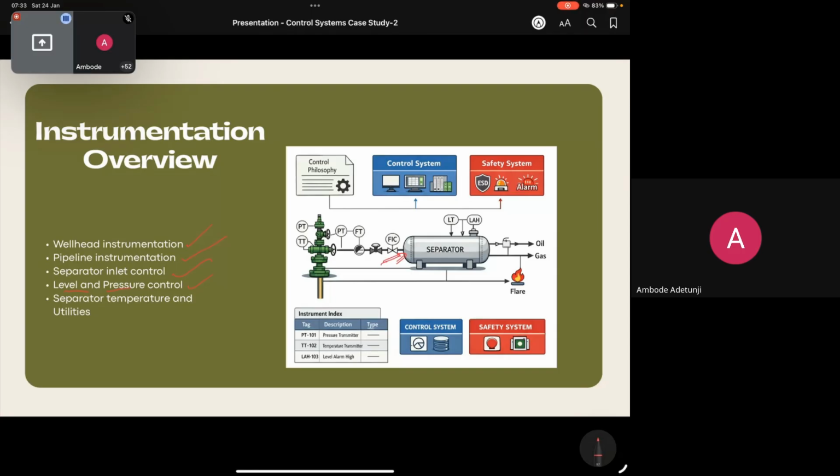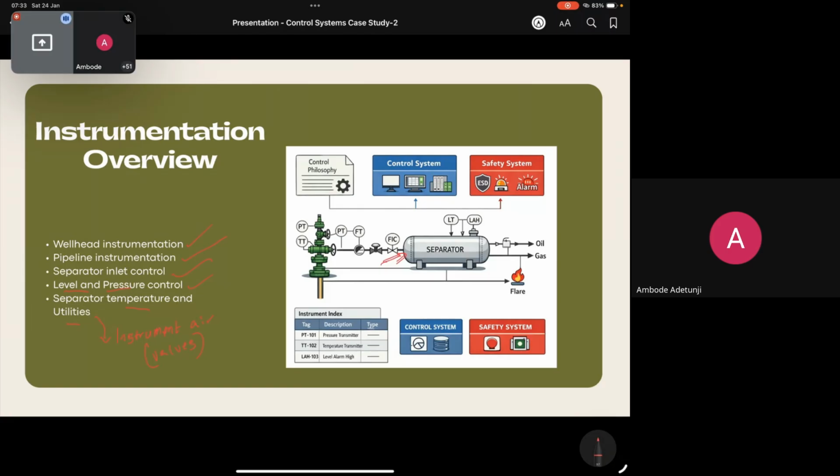And then external to the system, we will need utilities, right? We will need to monitor the temperature, separator temperature, and other utilities. Utilities, for example, what we call instrument air, which is used to drive the valves, right?